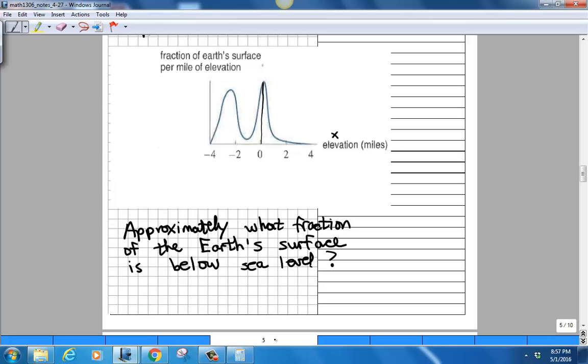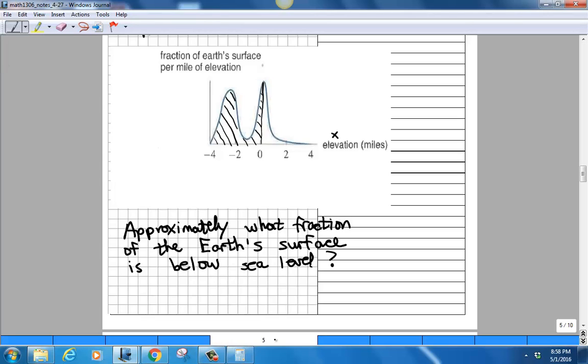All right, so again, 0 corresponds exactly to sea level. And so we're interested in the area below sea level. What's the area beneath this density function over here on the left-hand side of the horizontal axis? Again, we don't have a grid superimposed on this axis, so we're not going to be able to get a super accurate estimate.